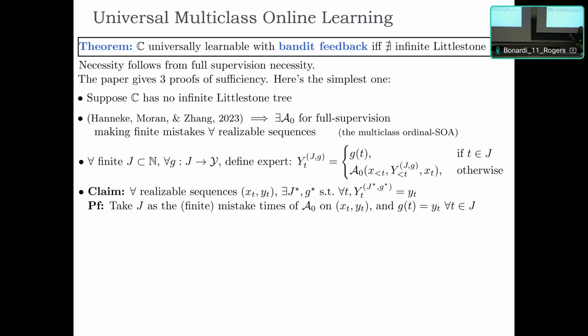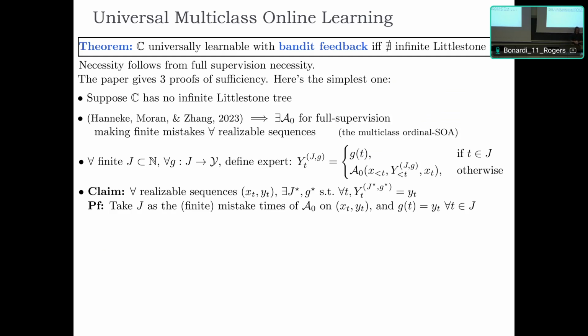So why do we care about these experts? Well, here's the claim. For any realizable sequence, there exists a J star, g star such that the expert associated with J star, g star is correct on the whole sequence. And the proof is pretty simple. We know this A0 algorithm makes a finite number of mistakes if it were to see the true labels.